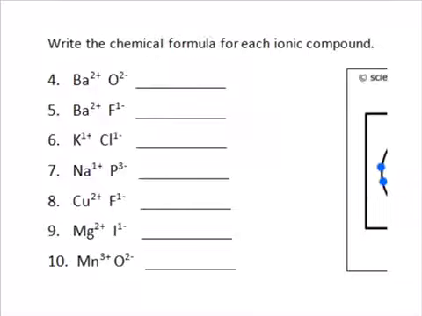Number 5. We have barium with a positive 2 bonding with fluoride, which has a negative 1 charge. Is a negative 1 charge sufficient to cancel out a positive 2 charge? There's barium. I'm going to put the 2 positives in. I'm going to draw fluorine and give it a negative charge, just 1.